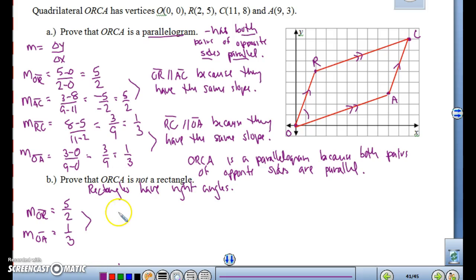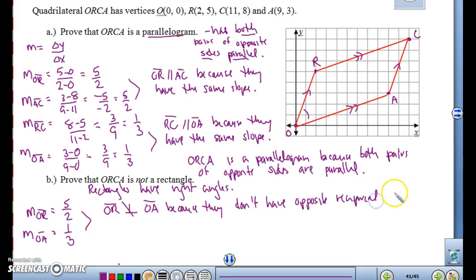Are these opposite reciprocals? No, they're not. So we would say OR is not perpendicular to OA because they do not have opposite reciprocal slopes. Yes, you have to write that out. Now, if they're not opposite reciprocal slopes, they're not perpendicular, what is not a right angle?